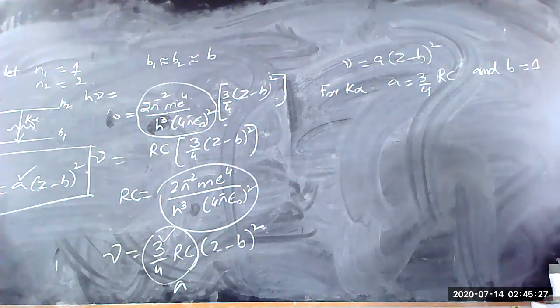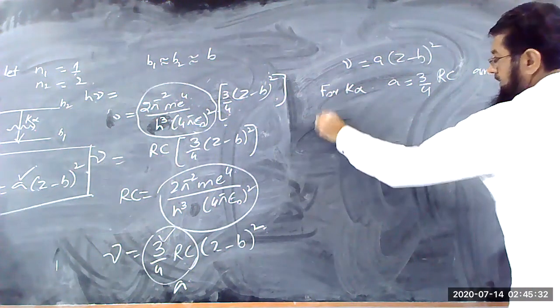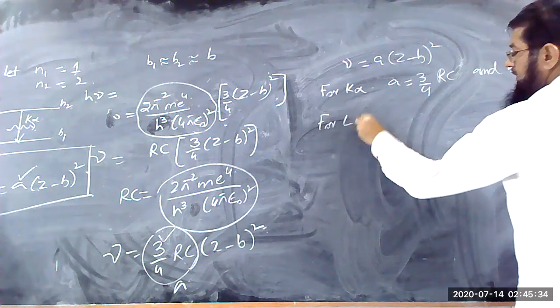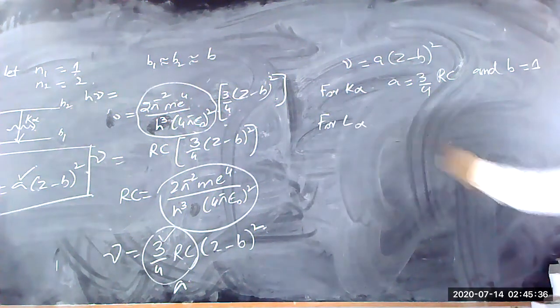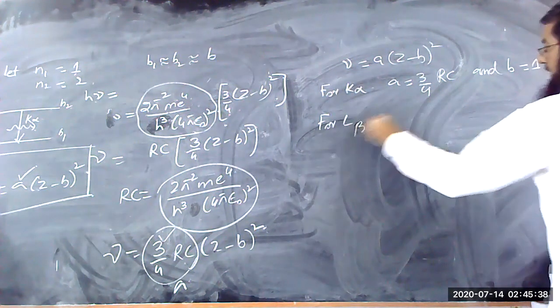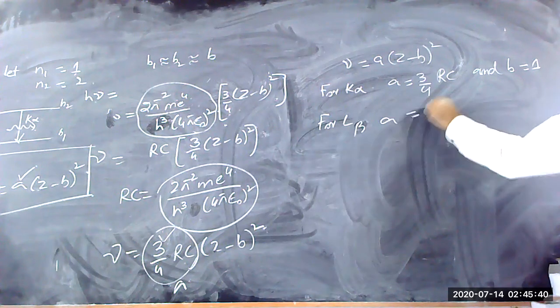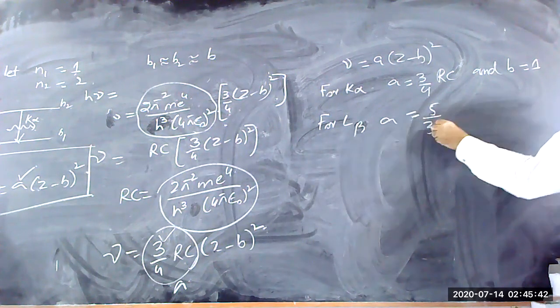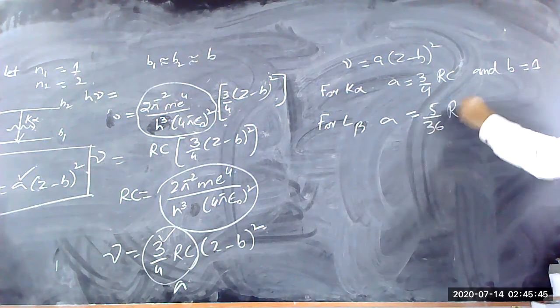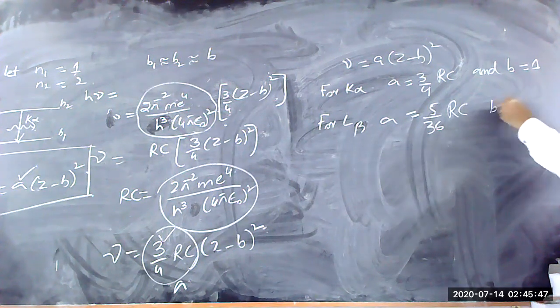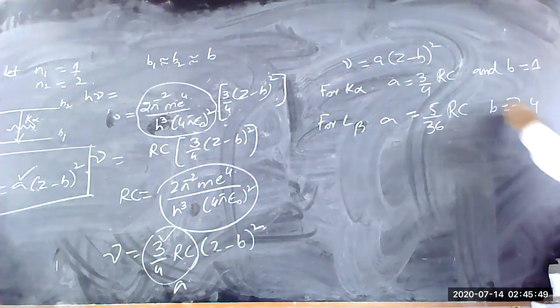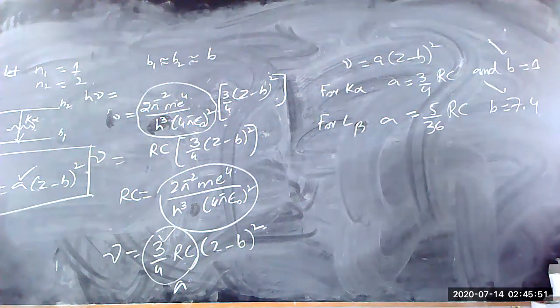Let's say B is 1. And for L alpha, A is equal to 5 upon 36 Rc, and B is equal to 7.4. These two are the screening factors. These are coming out from the data.